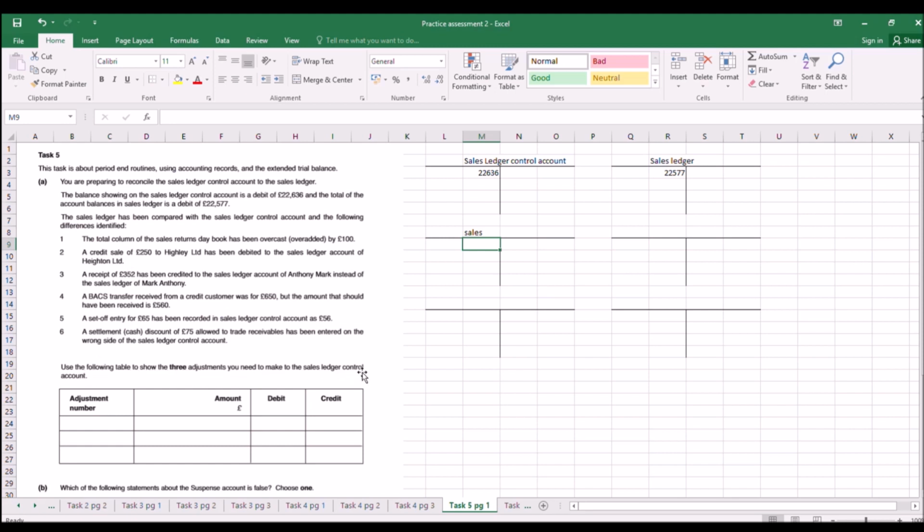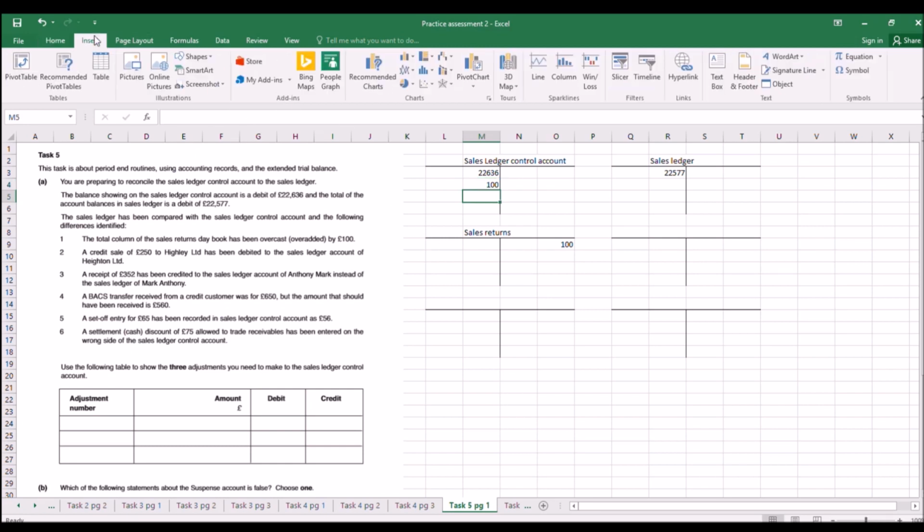So what adjustments were made to the sales ledger control account? Right, so we should then go sales returns. We could adjust this, and really what we should have done was take the whole lot out and then do it correctly again. So we've over debited it by 100. So we're going credit sales returns account, debit sales ledger control account 100.